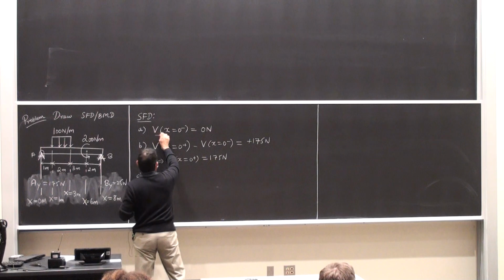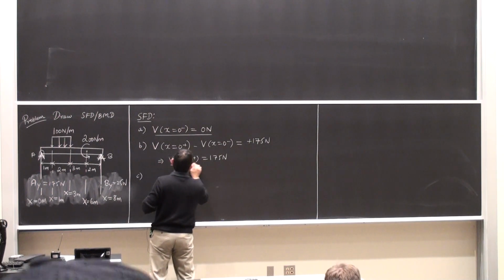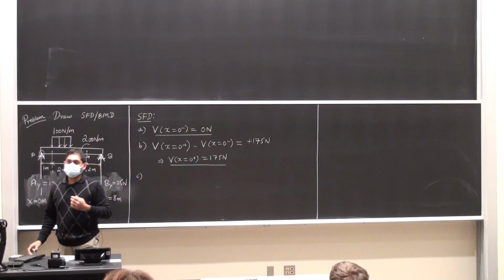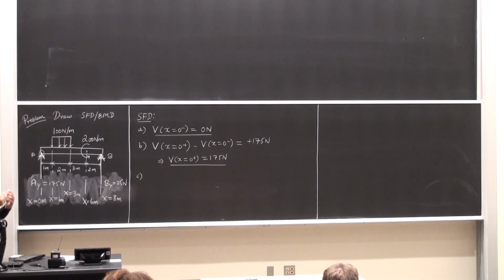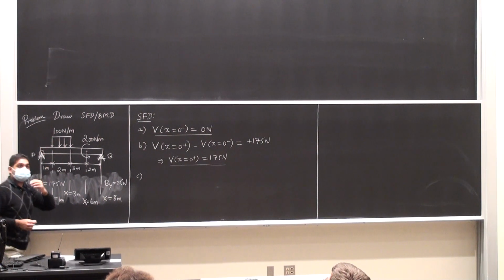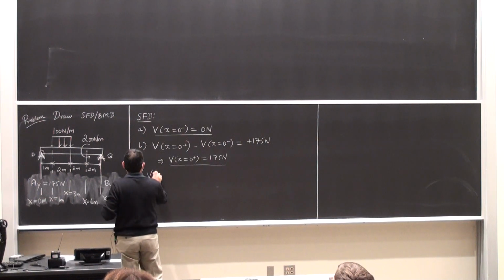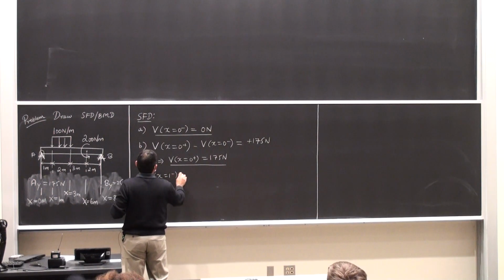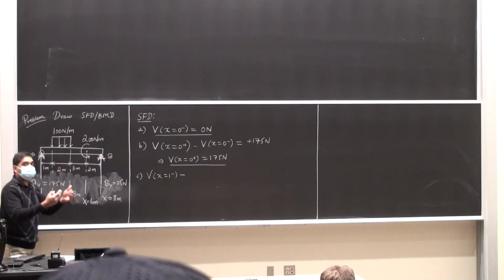First one. This is the second one. Then I keep doing this as I keep on progressing towards the end of the beam. I go to x at 1 minus, because I see that at 1 meter I'm going to start the distributed load. So x at 1 minus, minus the previous step.